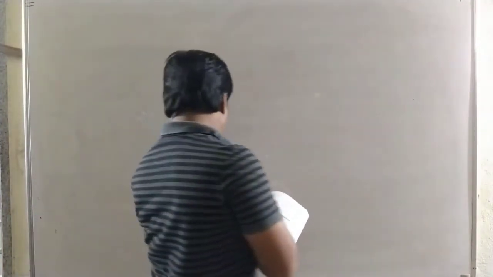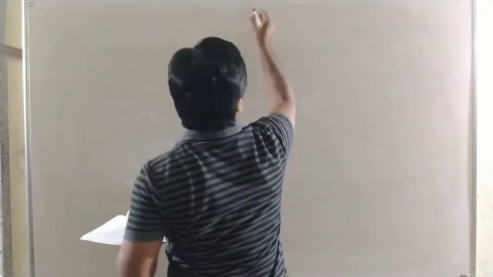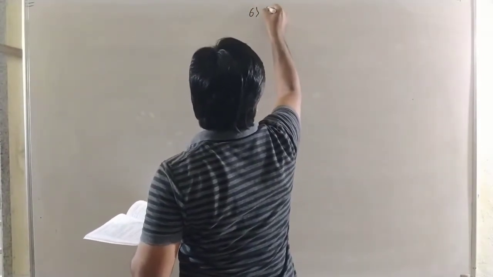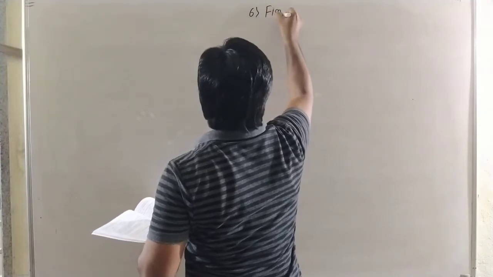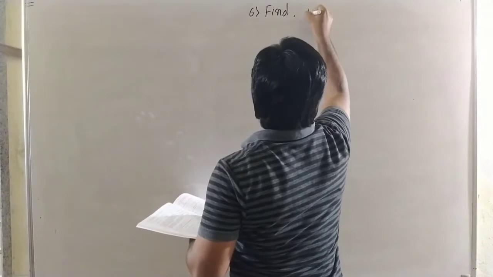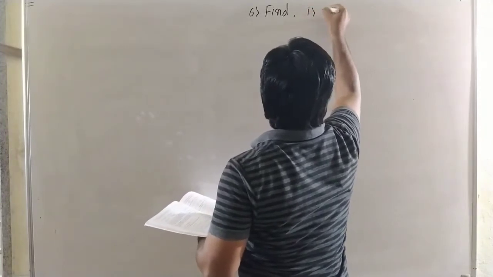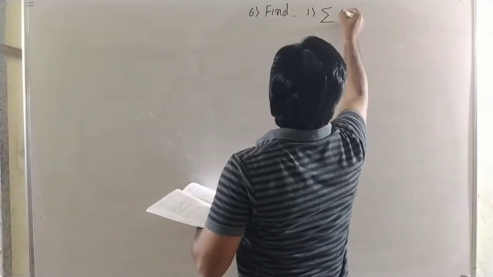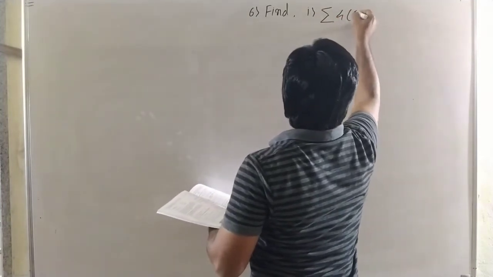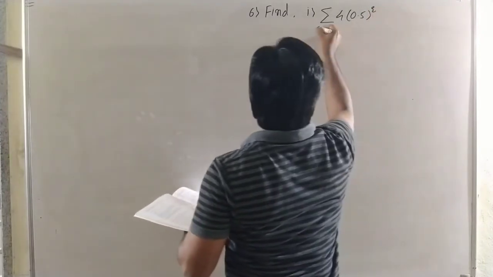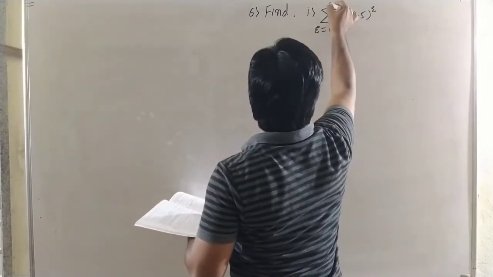Now the next example, number 6. Find the sums. Example number 1: summation of 4 into 0.5 to the power r, where r is equal to 1 to infinity.